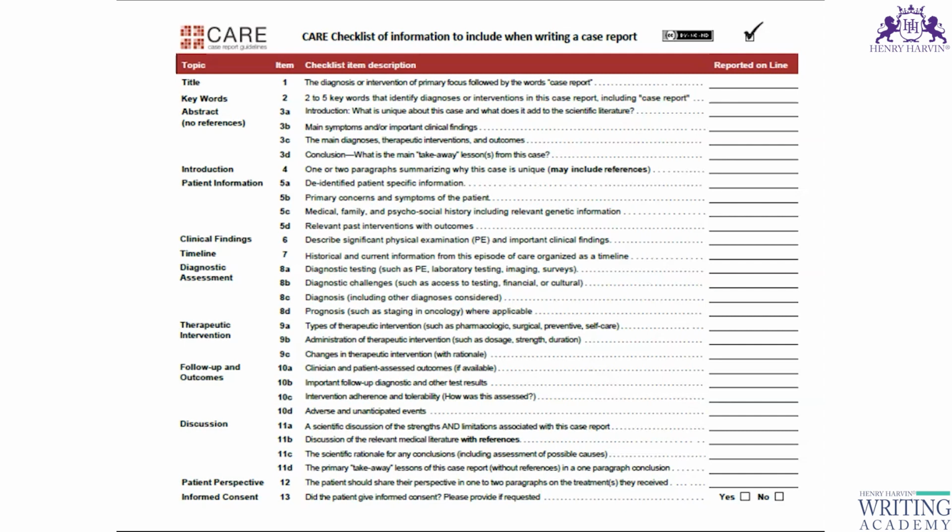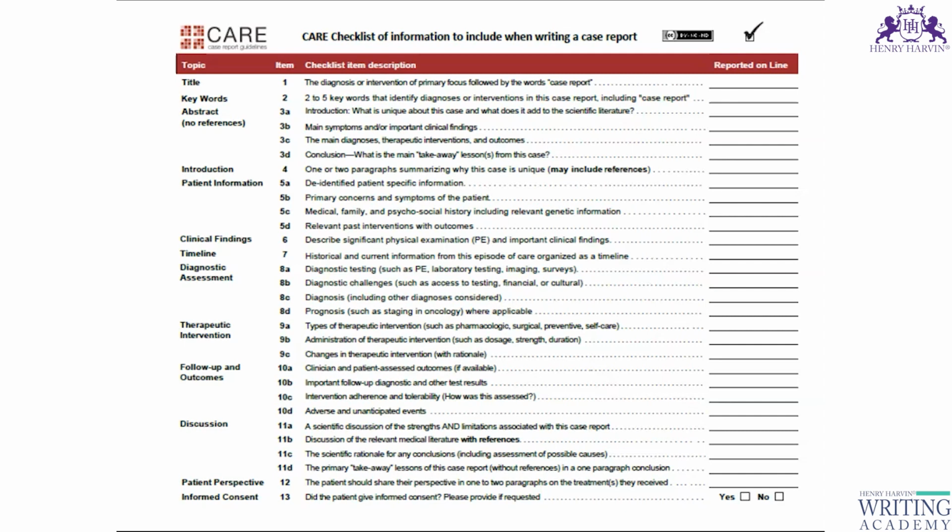Then intervention adherence and tolerability. You have to write about the intervention adherence, like how well the patient has adhered to the treatment which is offered to them. If the patient didn't complain about any discomfort, and no adverse event occurred while taking the medications, that means the patient has well tolerated the treatment offered. And intervention adherence means, like if 10 tablets are given and all 10 tablets are finished.